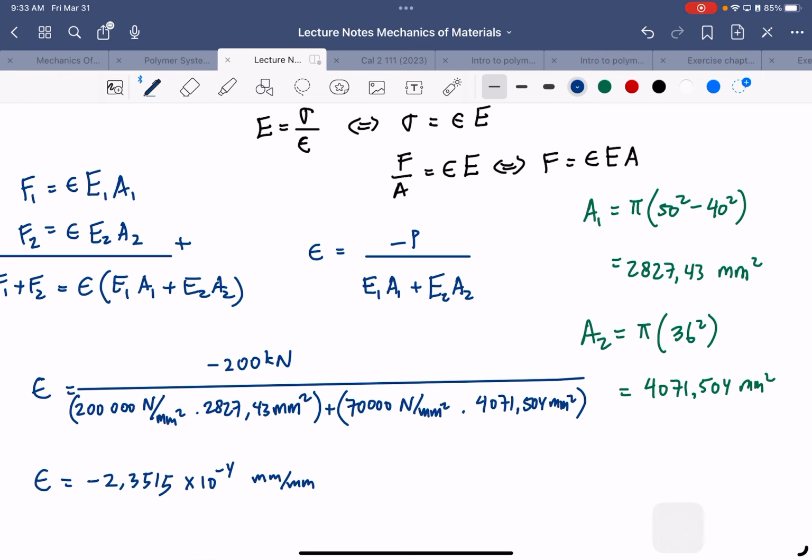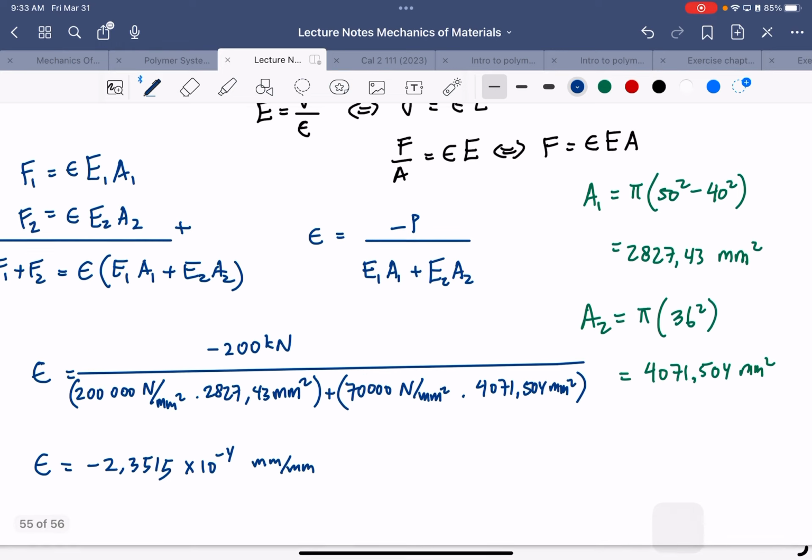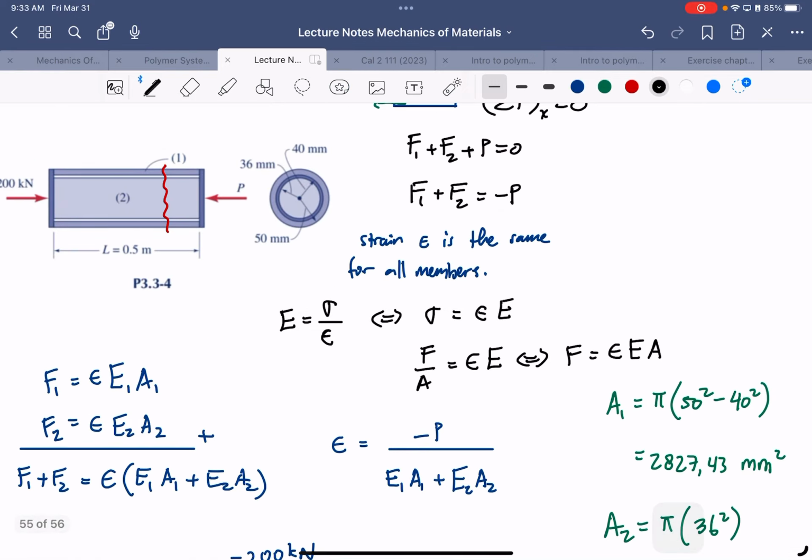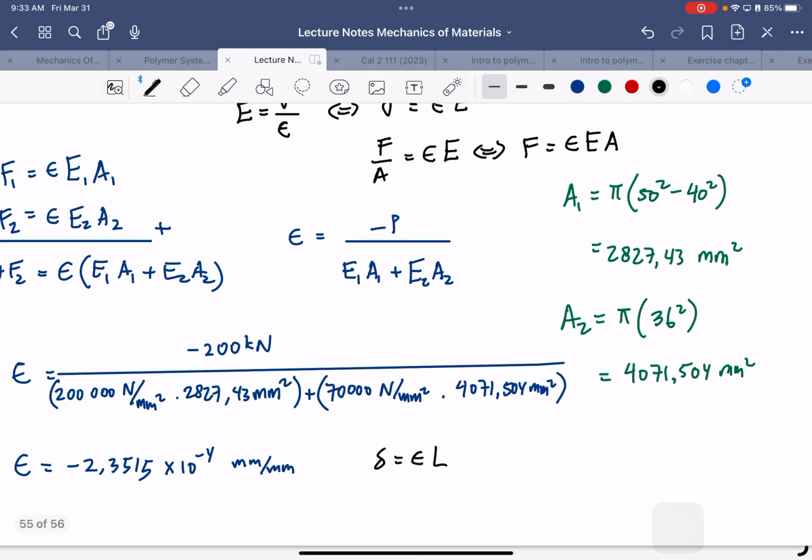But this is the strain, right? What we want to know is how short it will be, right? The displacement. Remember the displacement, we need to multiply back the strain with the original length. The original length is 0.5 meter.